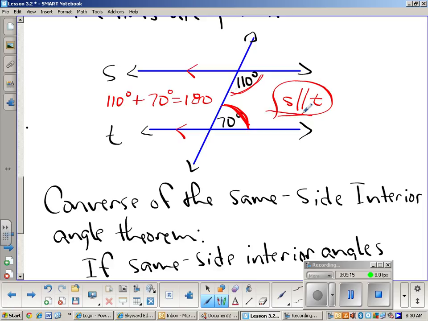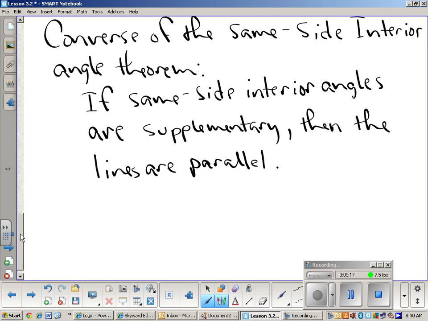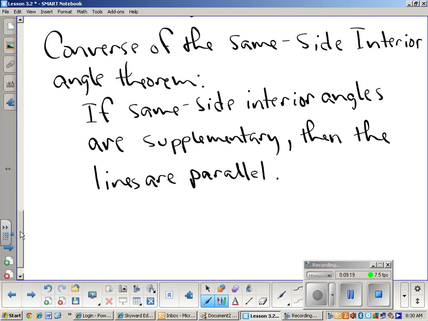So again, we could write this original conditional and this converse as a biconditional, and it says that no matter what, if I know lines are parallel, then same side interior angles are supplementary, or if I know same side interior angles are supplementary, that means lines must be parallel. Okay?